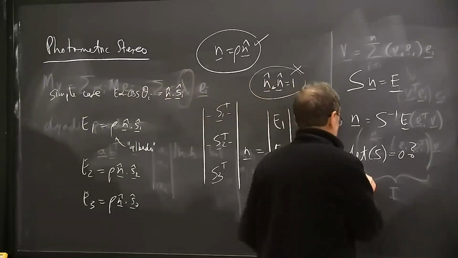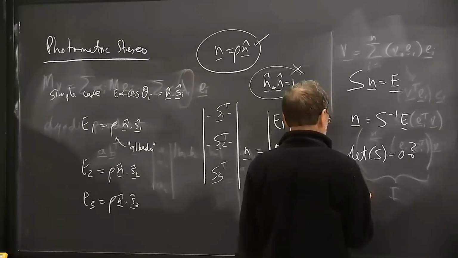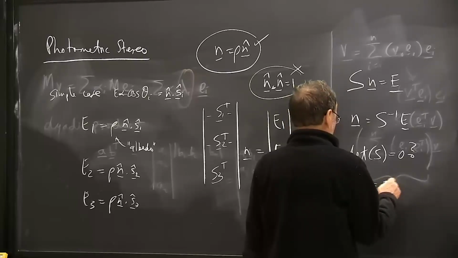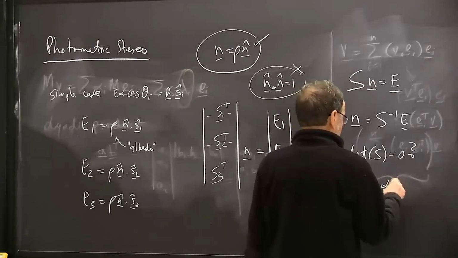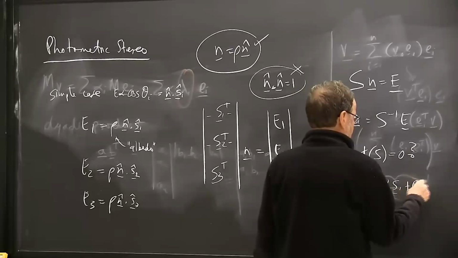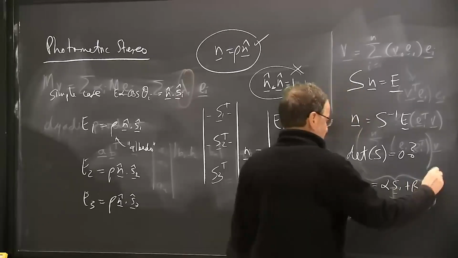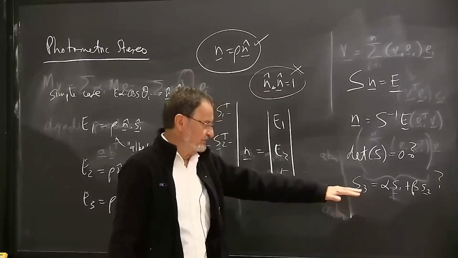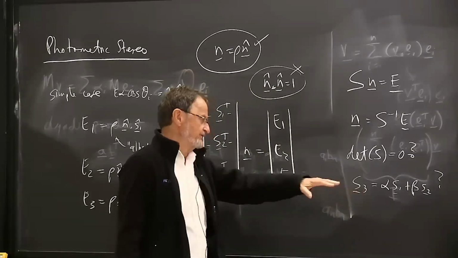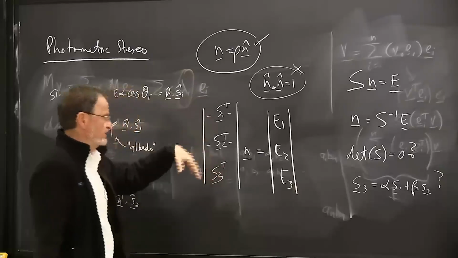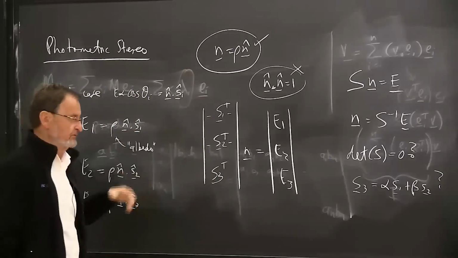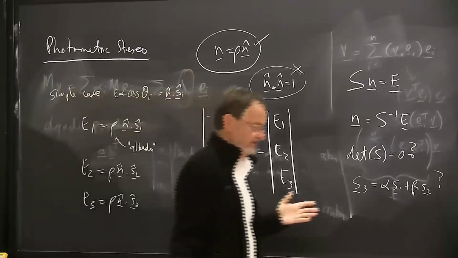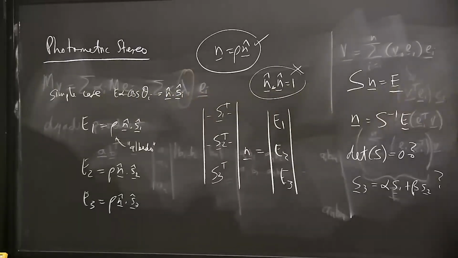And for example, let's try this: S3 is some linear combination of S1 and S2. So that's how we create problems, right? If the third row is just a combination of the first 2 rows. Or in general, if there's a linear combination of the 3 rows that gives us 0.